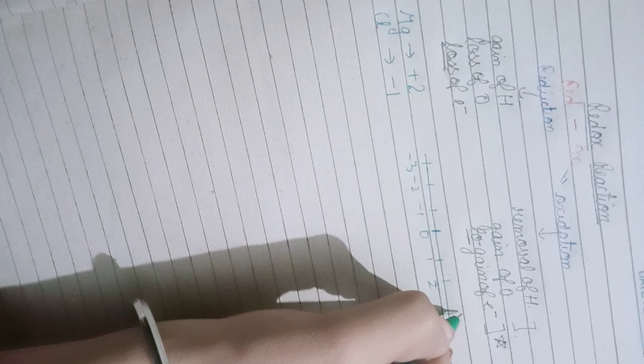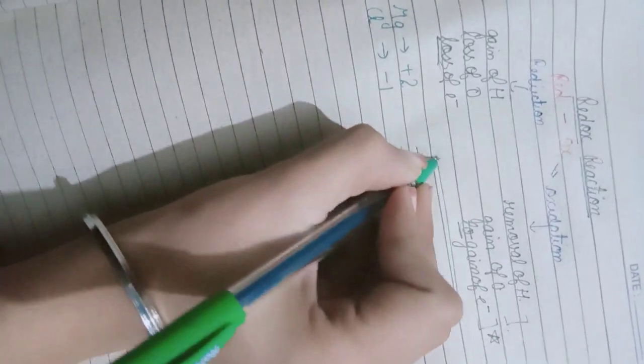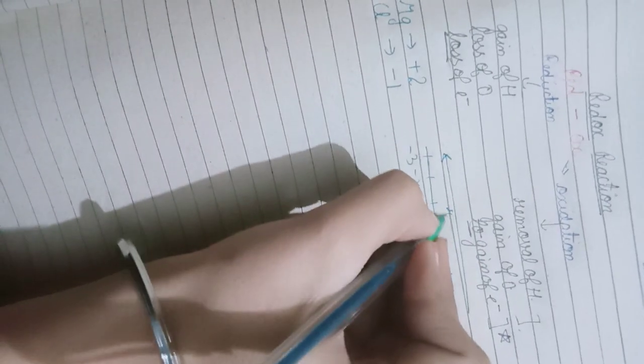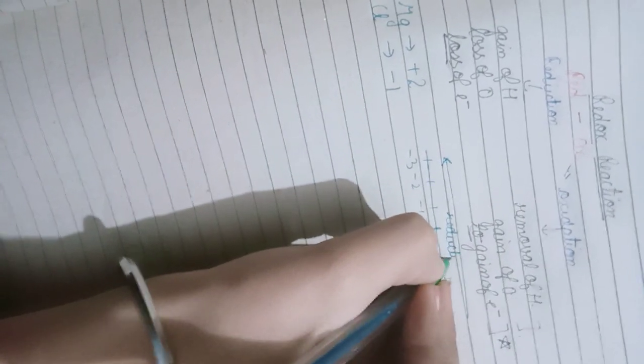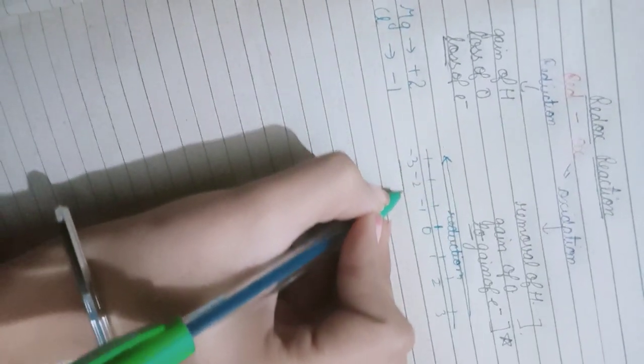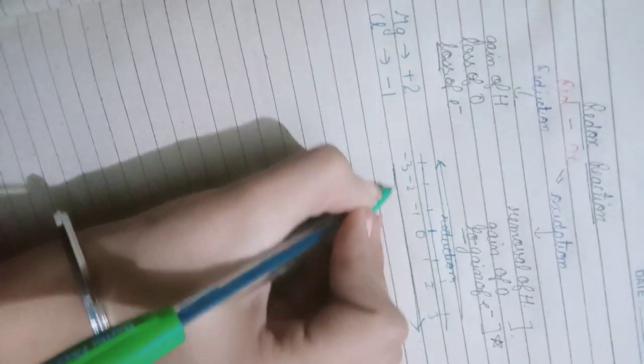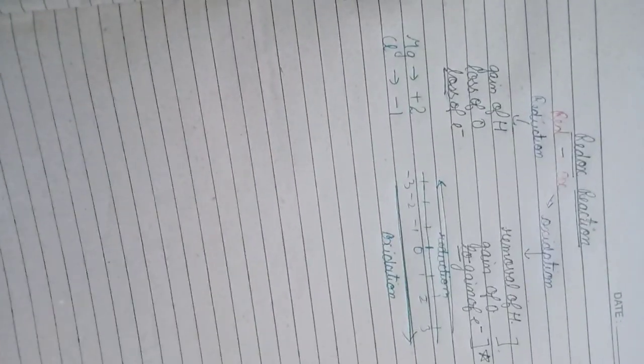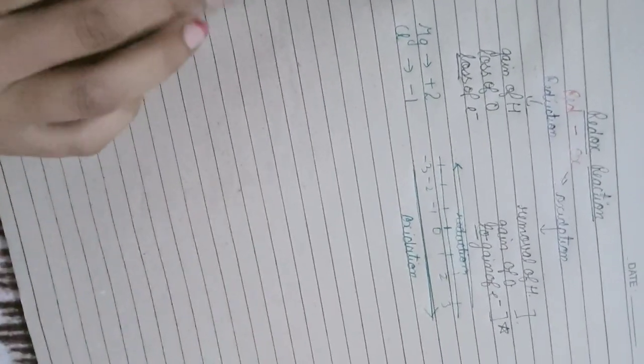So if we are going towards the left side, these numbers are getting reduced, so this is reduction. But if it is increasing, we call it oxidation. These are nothing else, but increase or decrease in the valency. Now, what is oxidation?